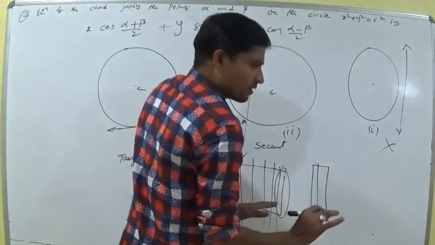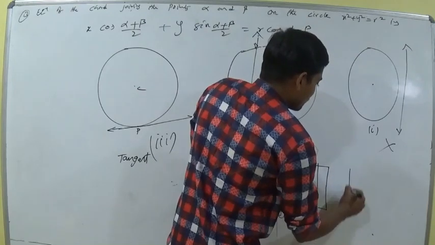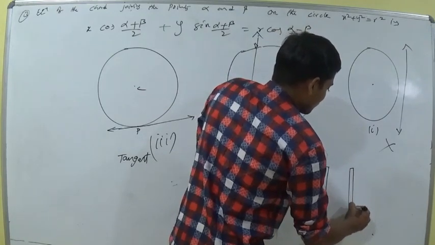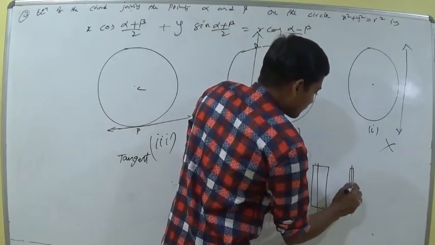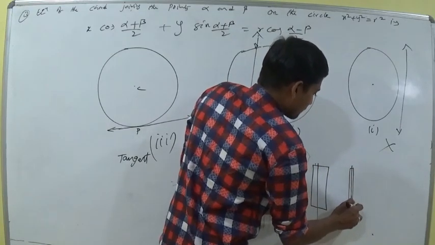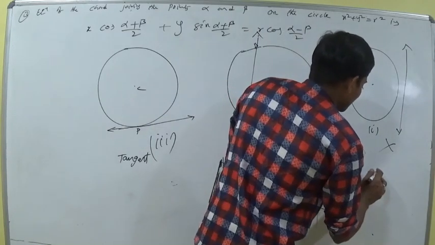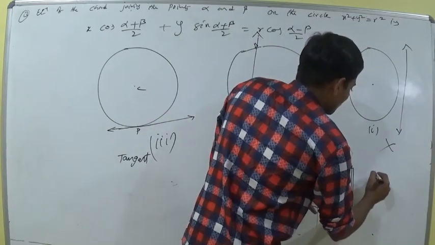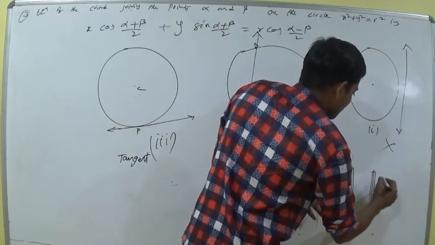I divided like this. Again, this part I am taking, I divided like this, exact, and this part is dividing. Again I got like this.